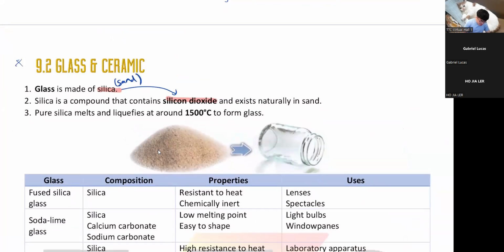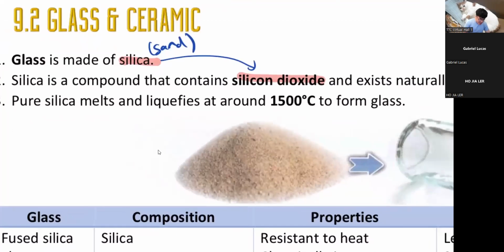Here's the thing. Silica melts at a very high temperature. To make glass out of sand, you need to melt it at 1005 degrees Celsius. This is why in the Renaissance era, during the 15th, 16th century, around the time of Leonardo da Vinci, glass was actually considered a luxury.